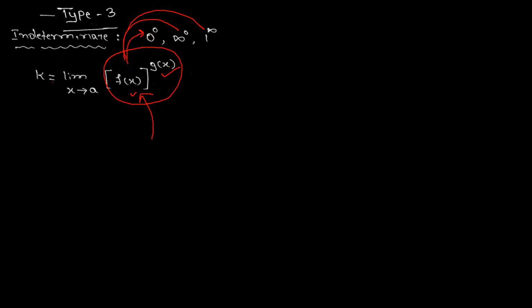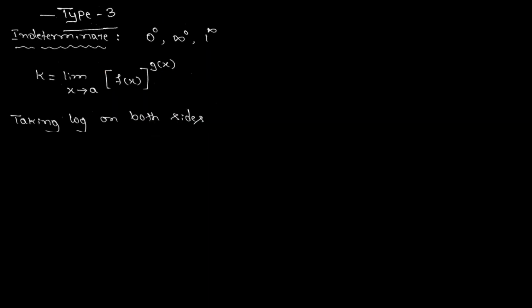The very first step we have to do in such functions is taking log on both sides. What is the intention behind taking log here? Because we know log a to the power b is b log a. That means we can bring this power as a multiplier here.